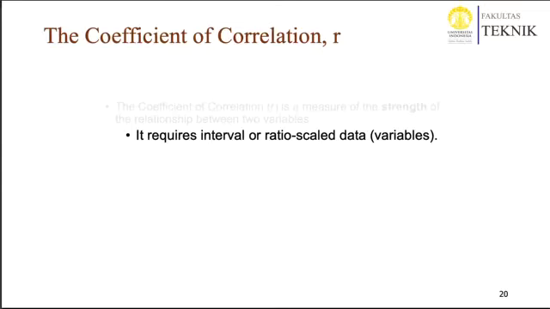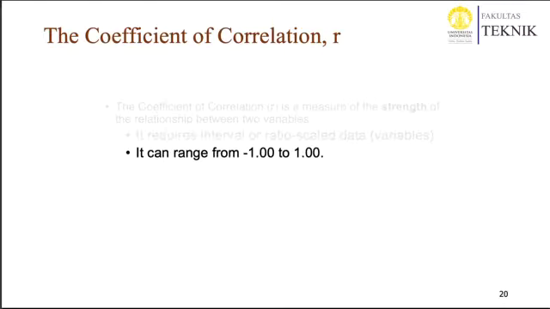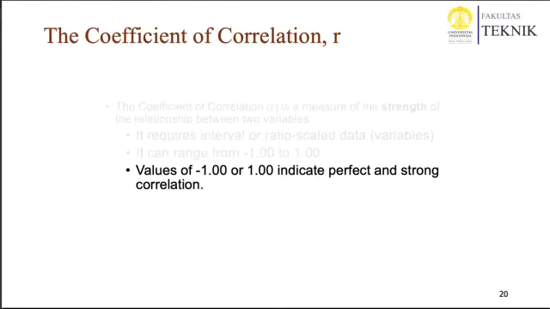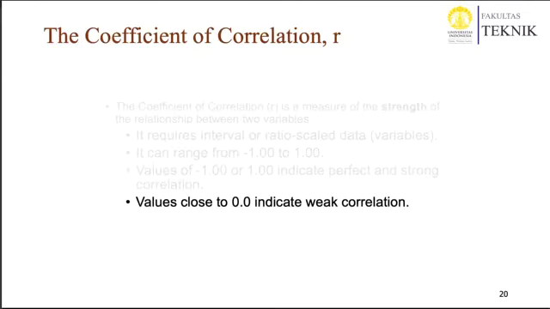It varies from -1 to 1, and the values of -1 or 1 indicate perfect and strong correlation, while a value close to 0 indicates weak correlation.